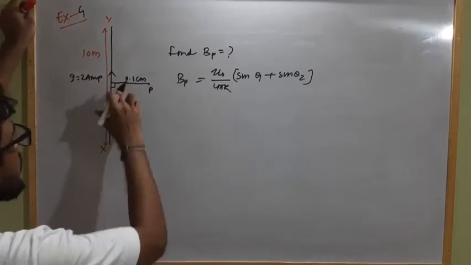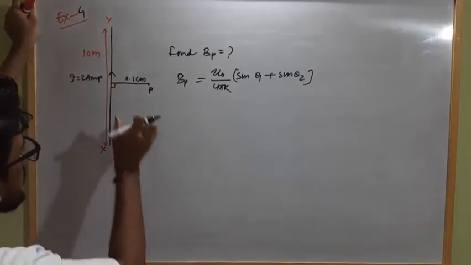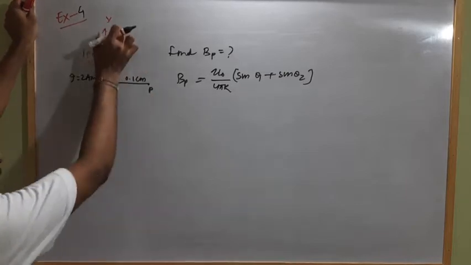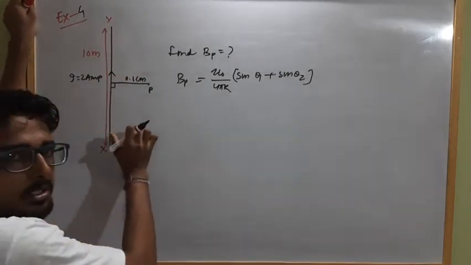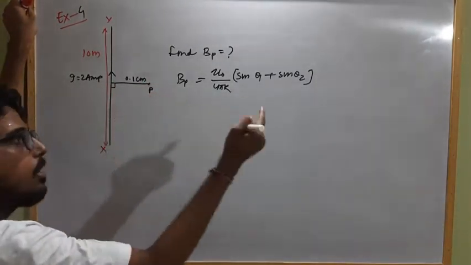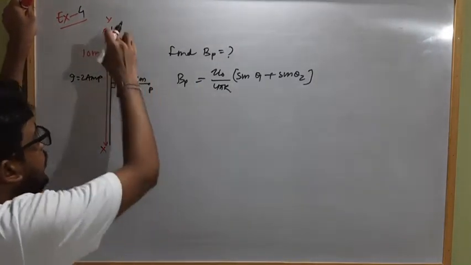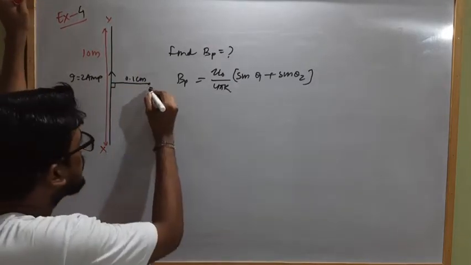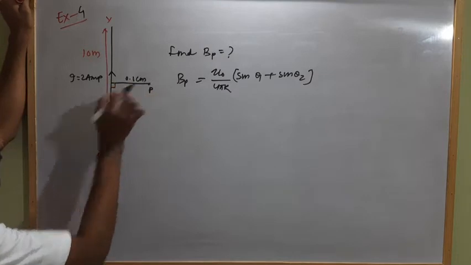But in this particular case, this is the point of observation for this long straight current carrying conductor, and this point of observation P is at a distance 0.1 centimeter.